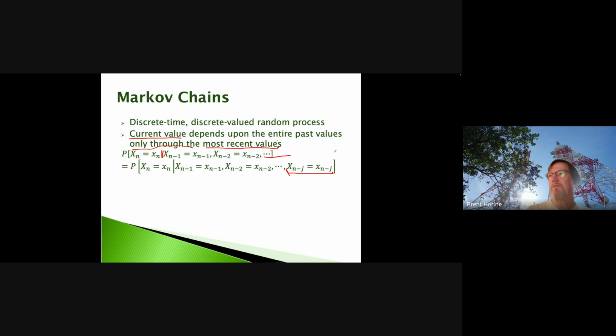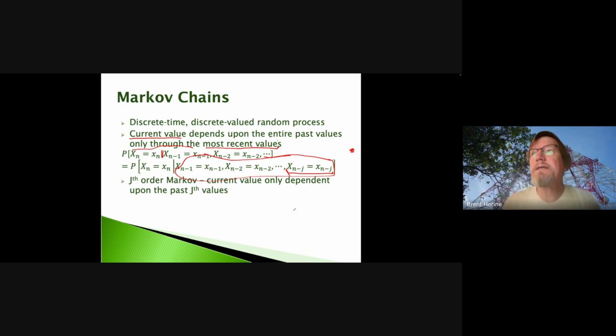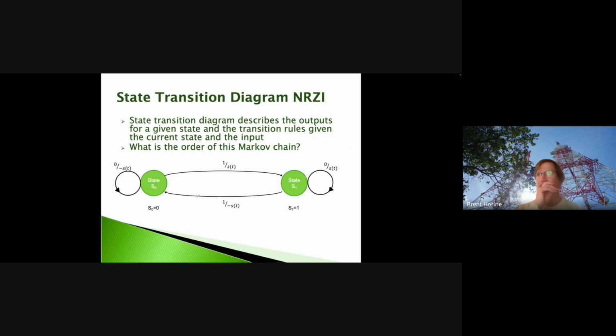So whatever was happening out here at something greater than J is somehow folded into these results here, right? Okay, so this would be what we call a Jth order Markov chain or process. The current value is only dependent upon the past J values, right? And a lot of times J is 1.